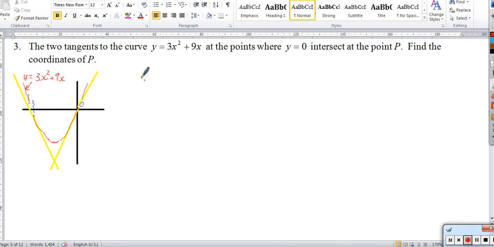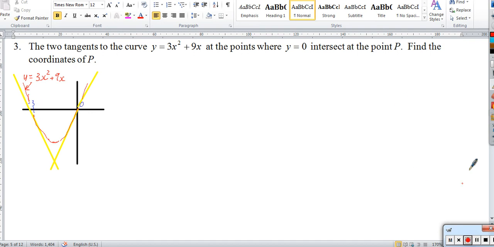So what I recommend is you type this parabola into your graphical calculator, or you use your knowledge of zeros to confirm that we are getting this red curve here. I've produced a sketch which you can copy later, but what the question is asking is that we should be looking at a tangent through this point here, because that's where y equals 0, and also y equals 0 is here.